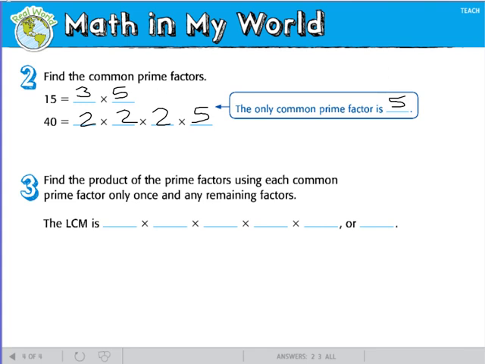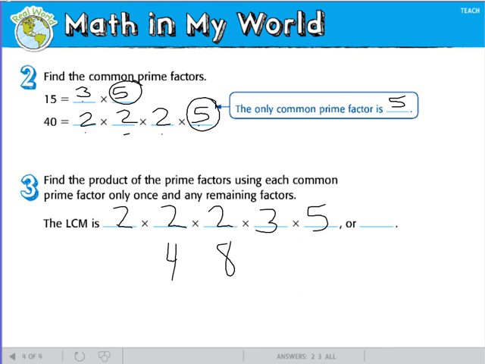This is what we're going to do. We have a 5 in each one, right? The common factors are only going to be listed once. So these are not common, so all of my 2s are going to be listed. My 3 is not common. My 5 is. So instead of two 5s, I'm going to list 1. Then I'm going to solve it. 2 times 2 is? 4. Times 2 is? 8.